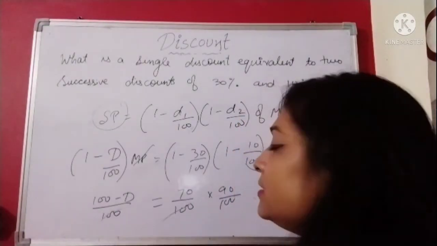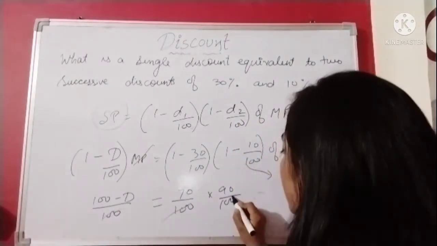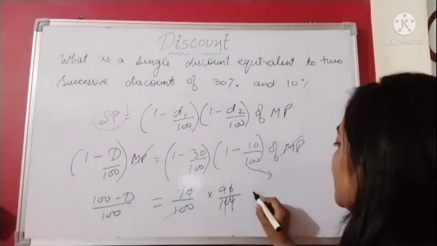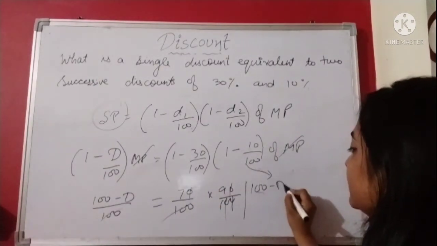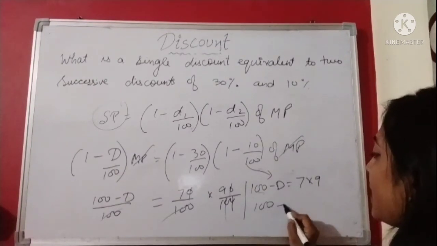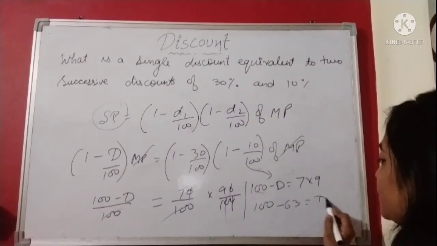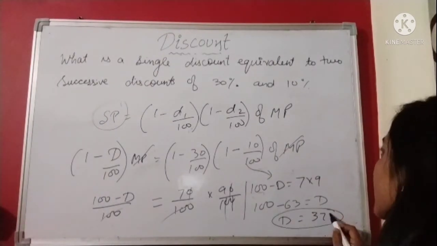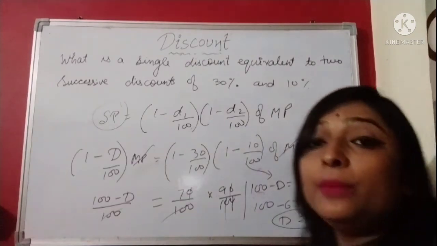This 100 and this 100 will get cancelled. 10 got cancelled, 10 got cancelled. Left with 100 minus D is equal to 7 into 9. 100 minus 63 is equal to D, which is 37. So discount is 37%.